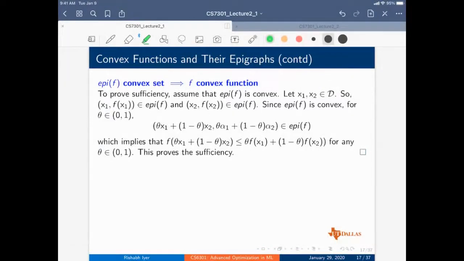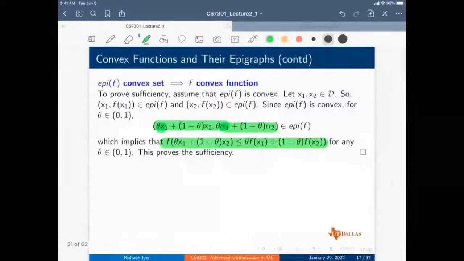To show the second direction, we start with the epigraph of f being a convex set. If the epigraph of f is a convex set, then we know that theta x1 plus 1 minus theta x2, comma theta alpha 1 plus 1 minus theta alpha 2 belongs to the epigraph of f, which implies that this must hold for any theta.